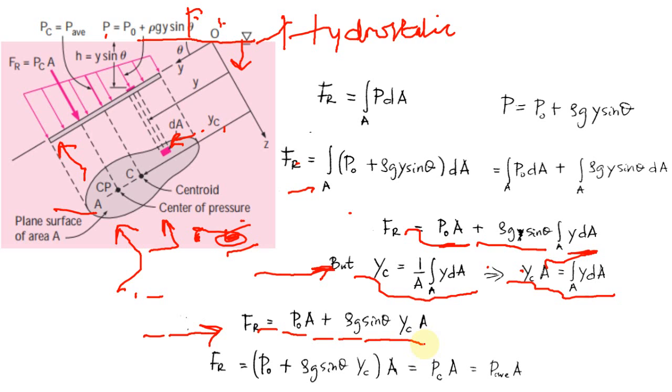So we'll have P naught plus rho g sine theta yc, the whole multiplied by A. Now this P naught plus rho g sine theta yc is the pressure at the centroid. So we can substitute the pressure at the centroid for that term, and that represents the average pressure over the area. So your resultant force will be as simple as the average pressure times area. You can calculate that average pressure using this.